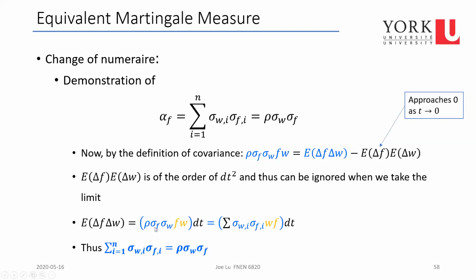So that means, looking at it together as two processes and looking at them as individual factors, you have a relation: if you know the correlation between F and W, then rho sigma F, the volatility of the entire factor F, and the volatility of the entire process W times the correlation is equal to the sum of this.